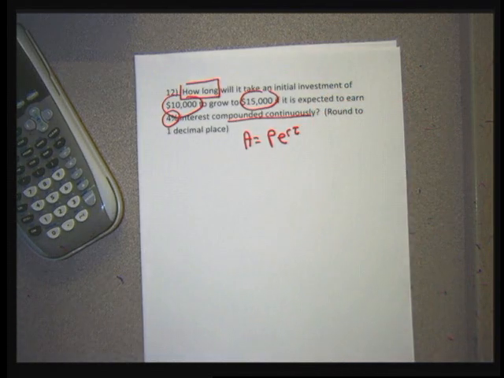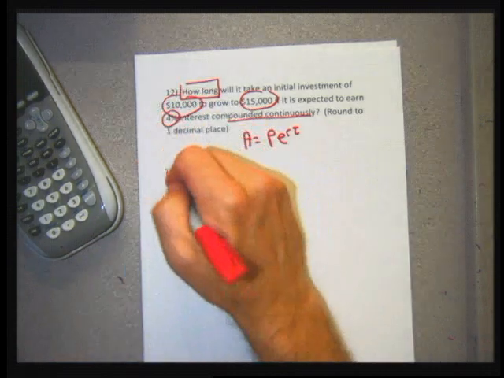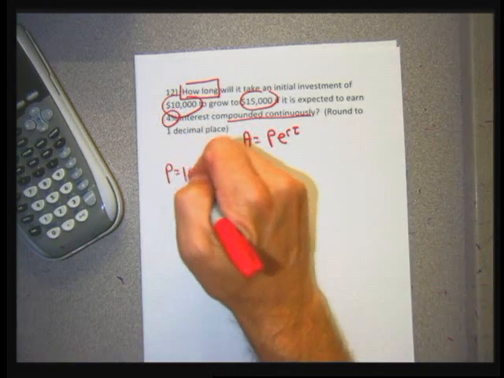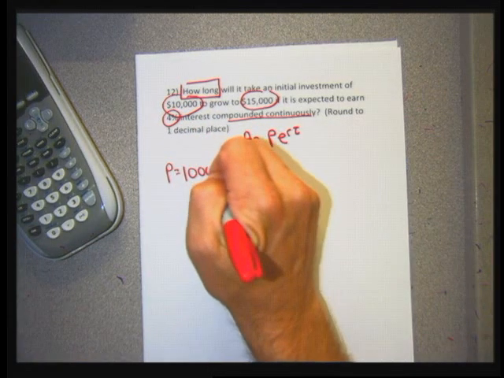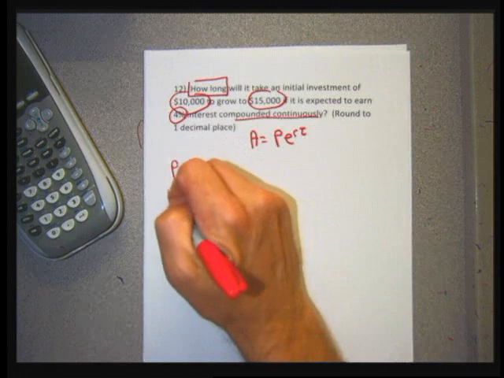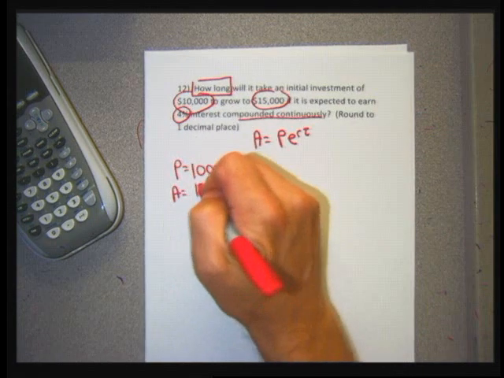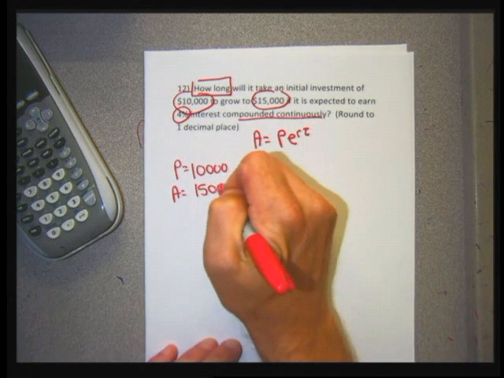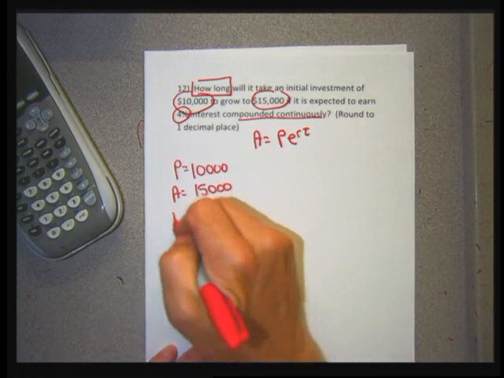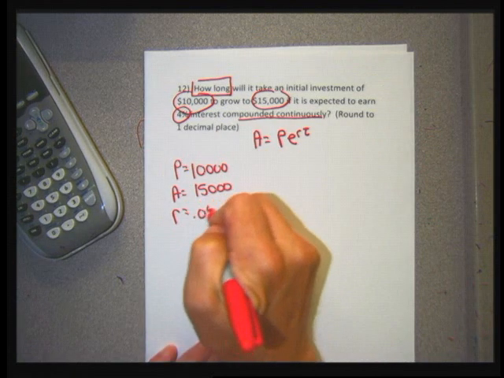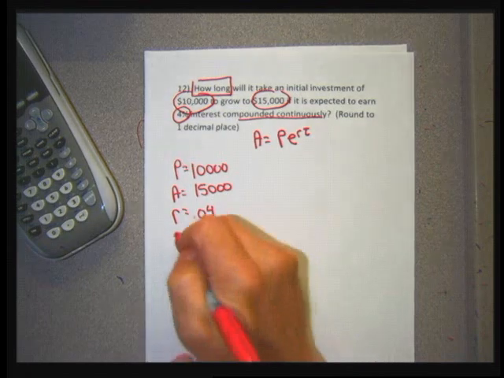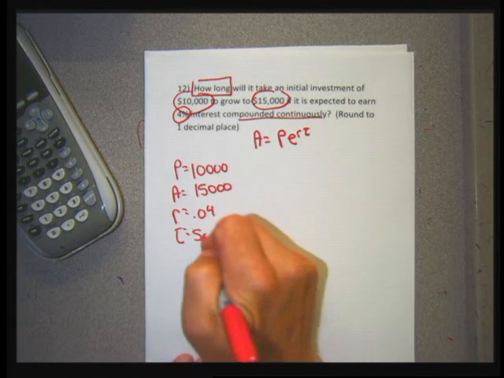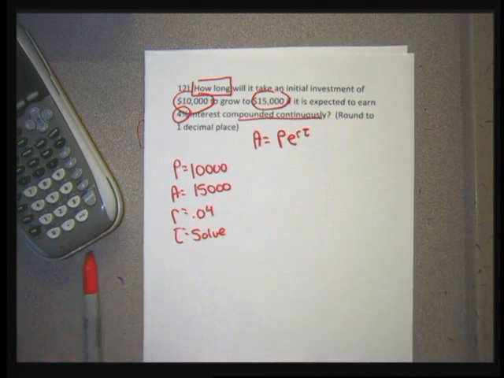The $10,000 is the initial amount, so that's going to be the P. The $15,000 is the amount in the future. That's what I want it to grow to, so that's going to be a future amount. It's an A. The r is going to be 0.04, and that's all I need. The t is what I'm solving for.